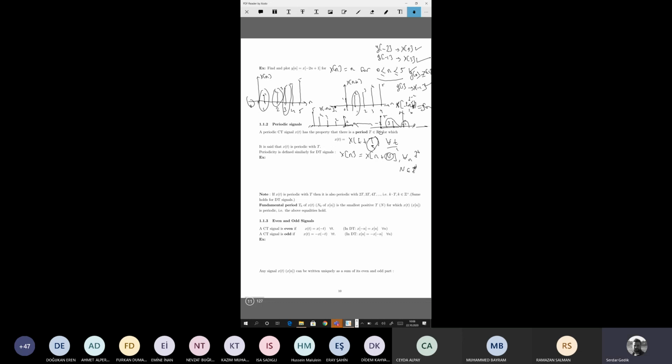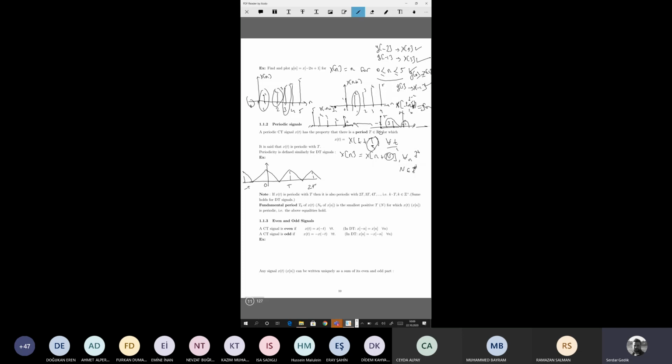Well, I have some examples in this case. Let's plot a periodic x of t. Also, it continues in the negative side.